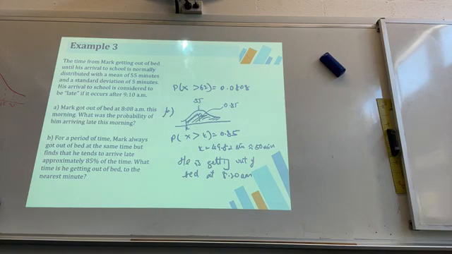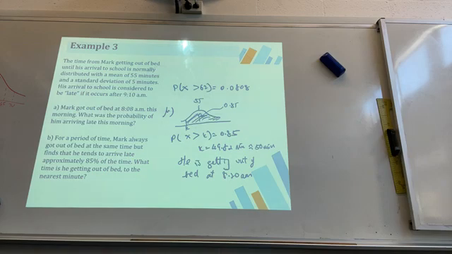His arrival at school is considered late if it occurs after 9:10 a.m. Mark got out of bed at 8:08 a.m. this morning. What is the probability he arrives late this morning? From 8:08 to 9:10, how many minutes are there? 62.